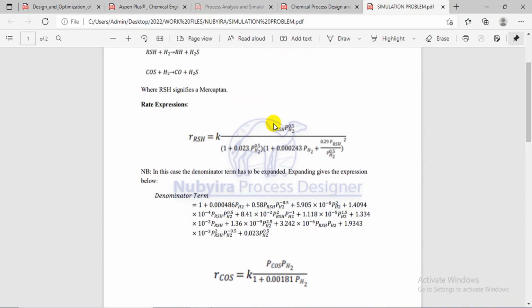So we have PRSH times PH2 raised to power 0.5. Now in the numerator term we have RSH, and we have hydrogen. Now we'll be specifying both of them in that numerator section, and we'll be specifying the exponent that is associated with each of them.